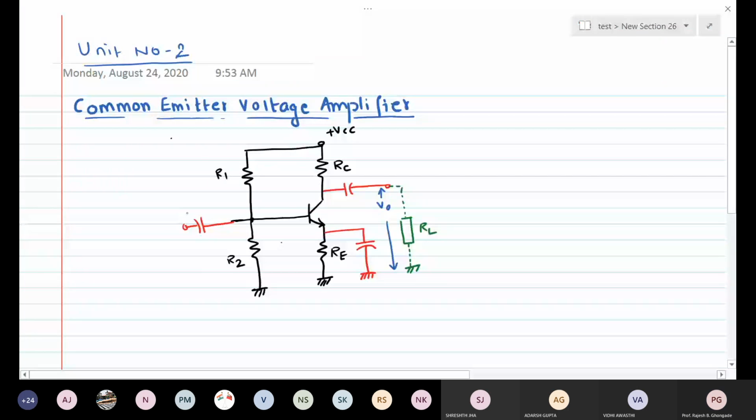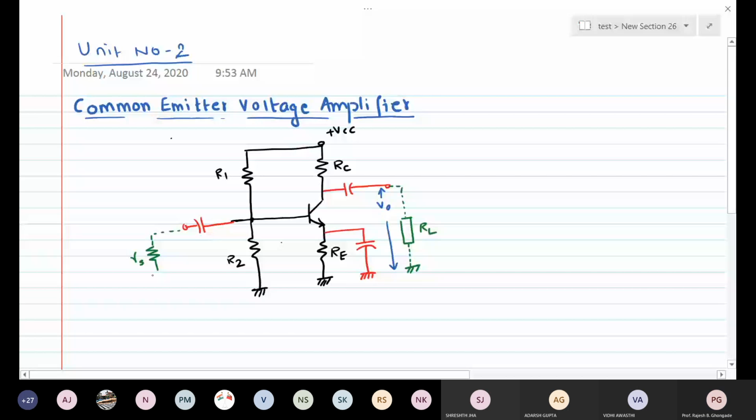Then at the input, similarly we have to connect the source, that is the signal which we are supposed to amplify. Again, it is going to have its own internal resistance. Let us call it RS, and you have the source, which we call VS.